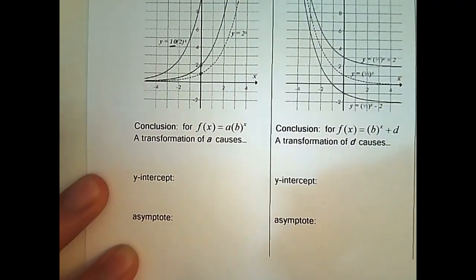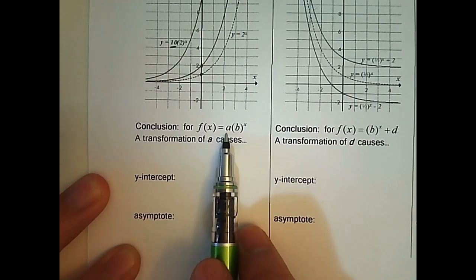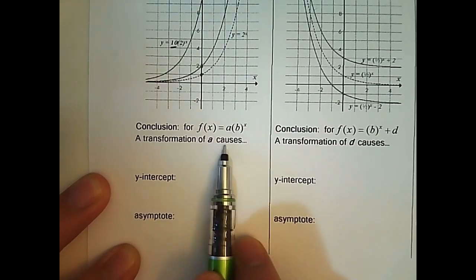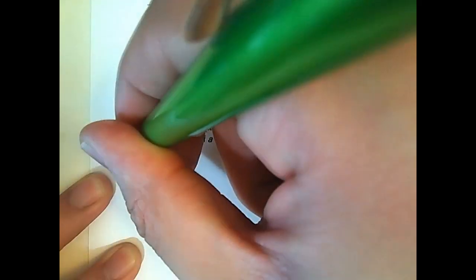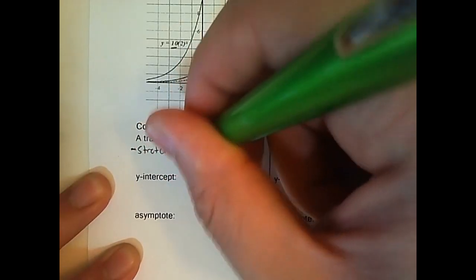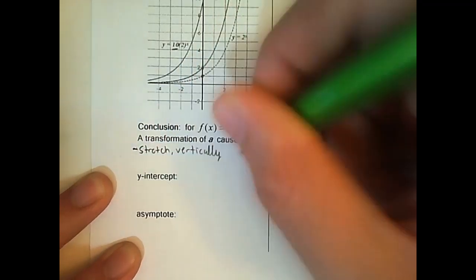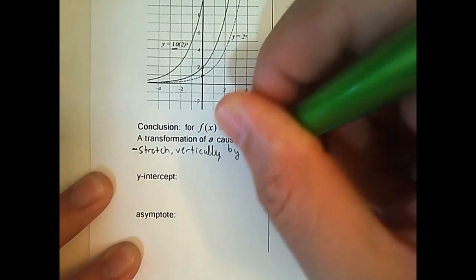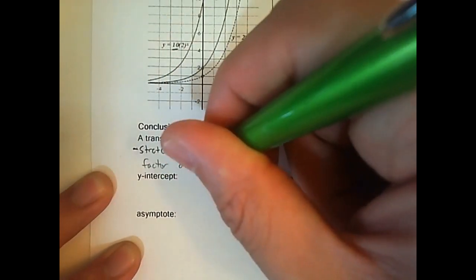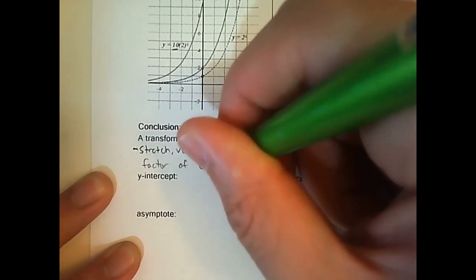For conclusions, when f of x is equal to a times b to the power of x, a transformation of a causes a stretch vertically by a factor of a. And this is for when a is greater than 1.